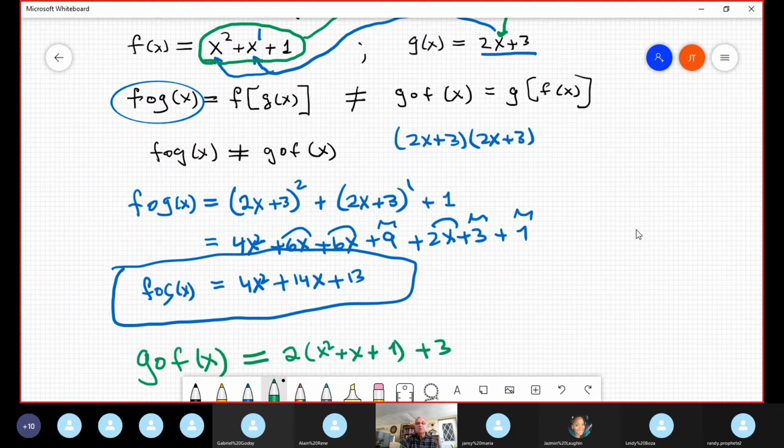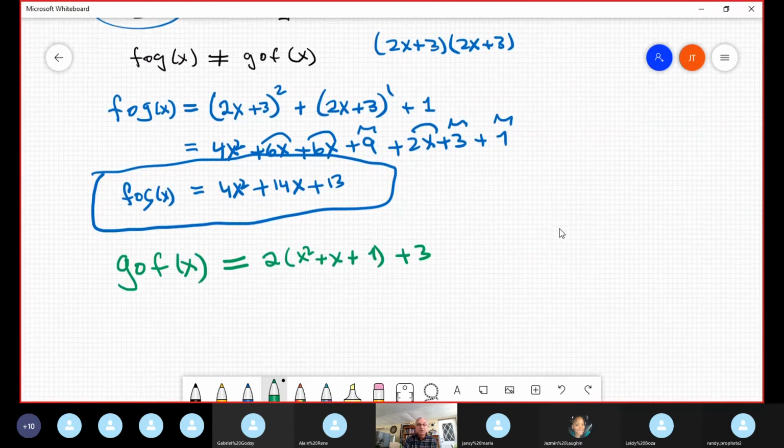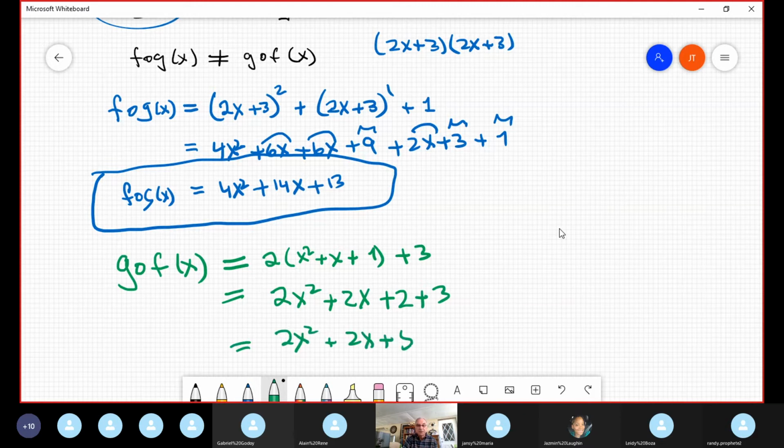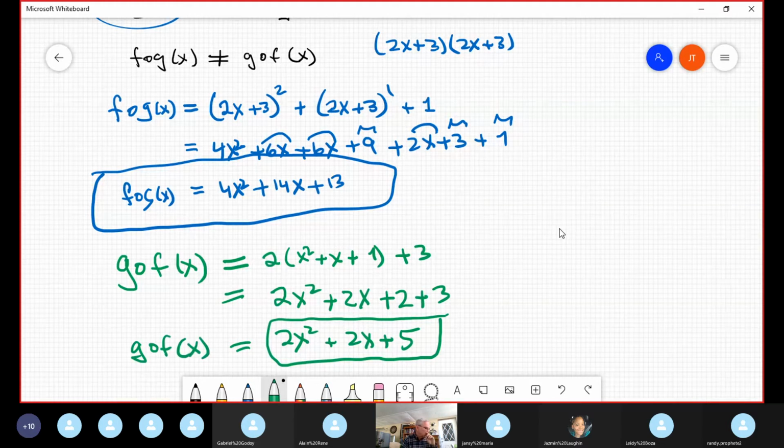This 3 is this 3, and this 2 is this 2, and you replace x for the entire F of x. And the rest is easy. The rest is to distribute, to eliminate the parentheses, and we combine like terms. And that's it. And this is my G composition F, a new expression.